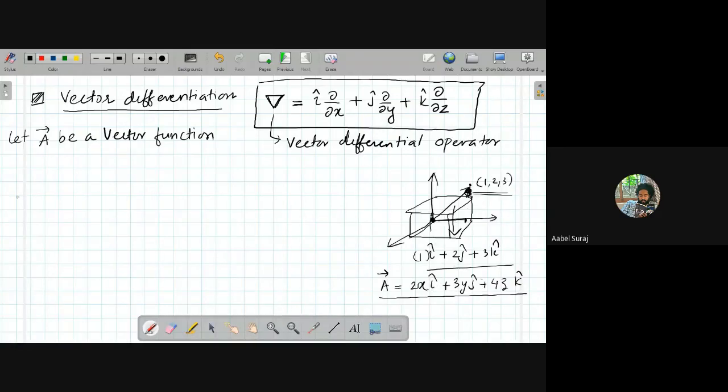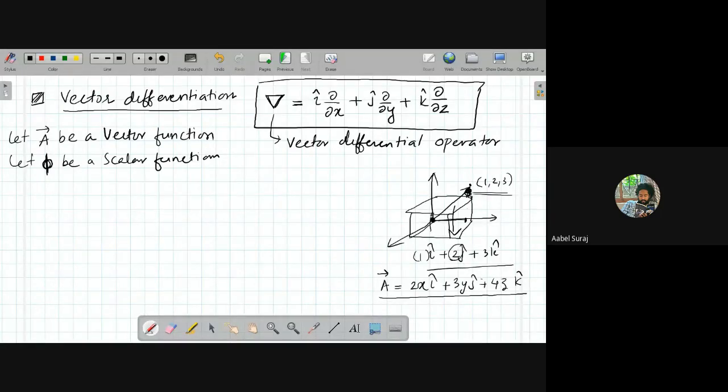Now we have defined a vector function. Let a be a vector function. From now onwards, if you are defining a, please remember that it will be a vector function. And let phi be a scalar function. What is a scalar function? A scalar function is nothing but a scalar quantity.